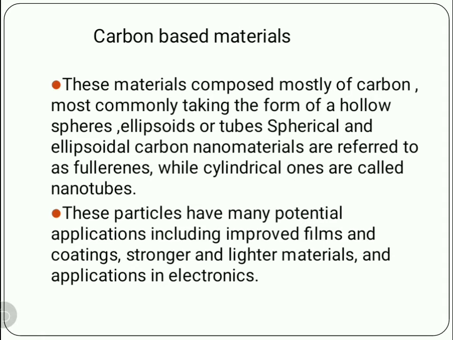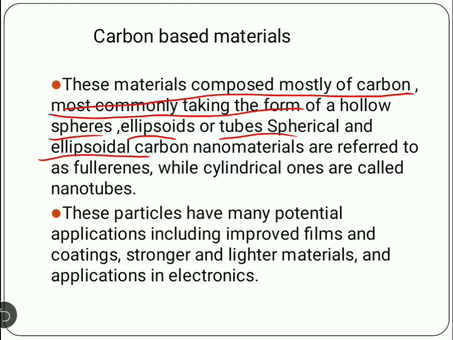So materials composed mainly of carbon can form hollow spheres, ellipsoids, or tubes. Generally they are called fullerenes, while cylindrical ones are called nanotubes. Again they have different properties, and due to those properties, they can be used in many applications.